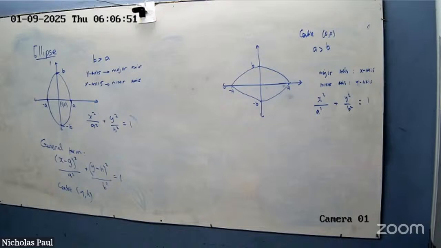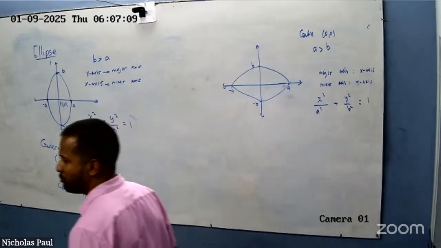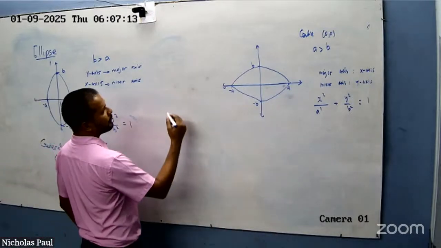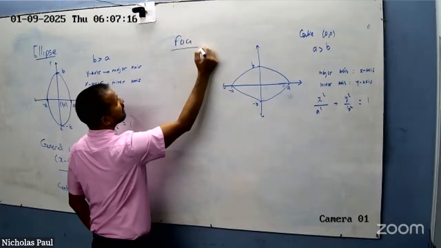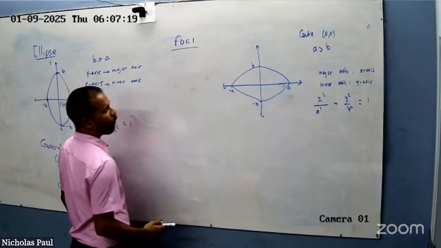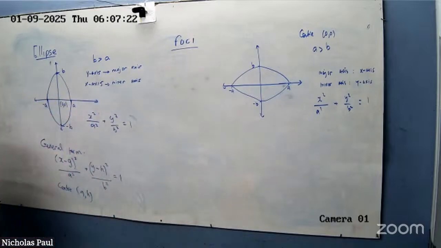So I just want to give you, there are two special points that are missing on our ellipse, two special points that we call the foci. Write this down please.